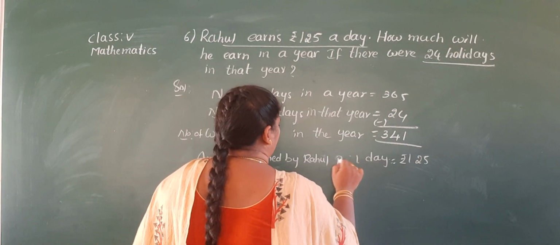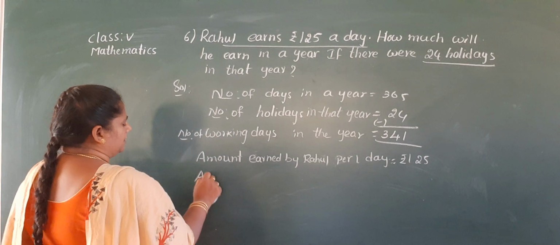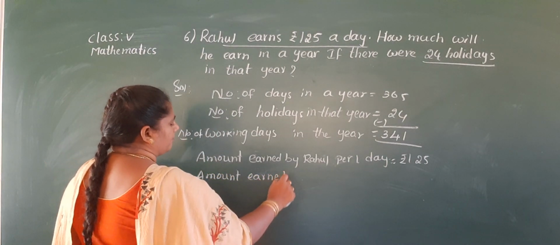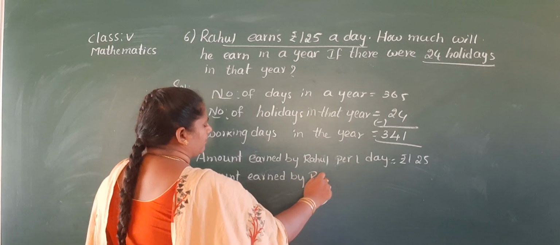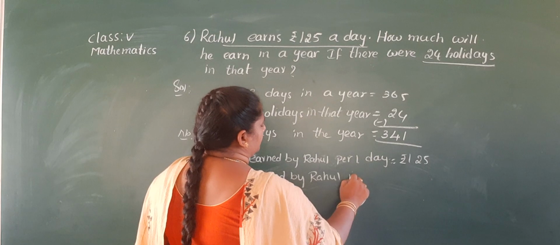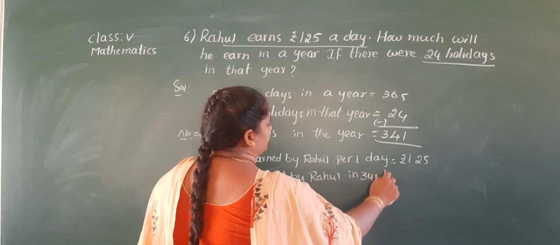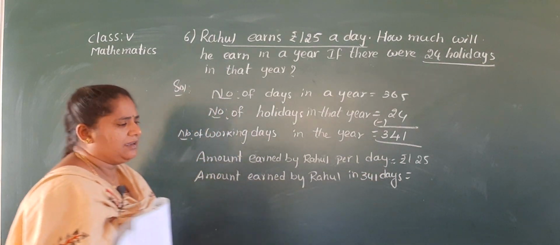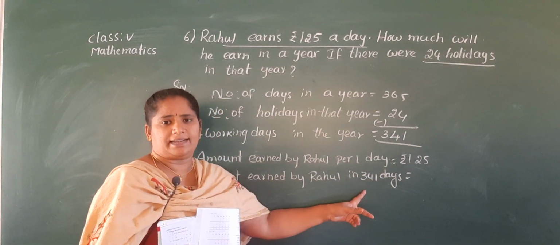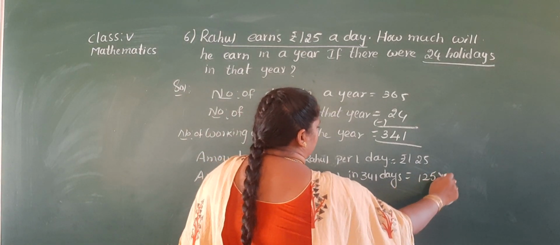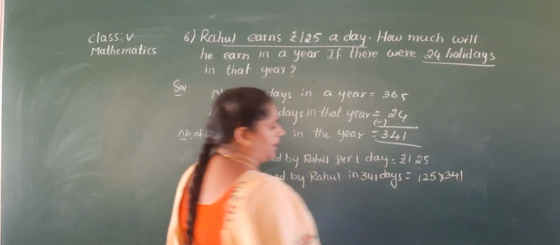Okay. Now amount earned by Rahul, how many days? In 341 days. So here 1 day is given, Nana. Now we have to find out 341 days. So 125 is multiplied by 341.